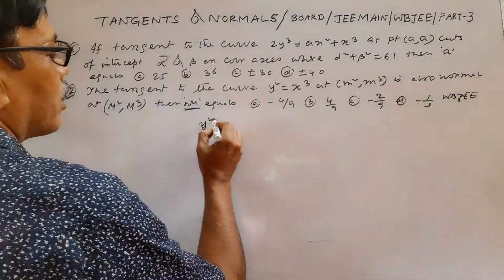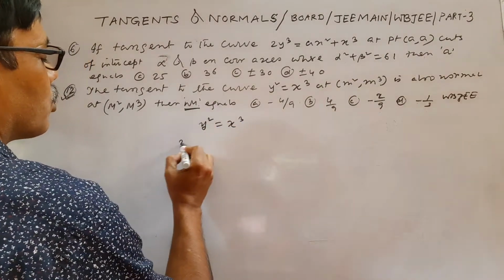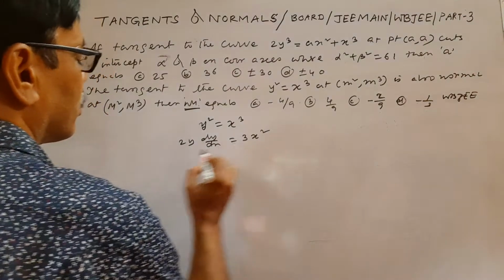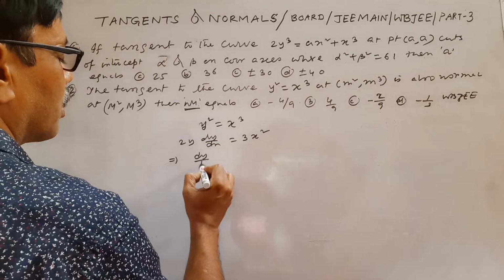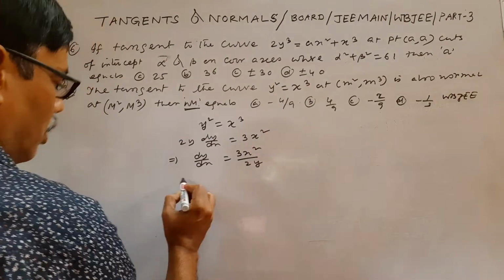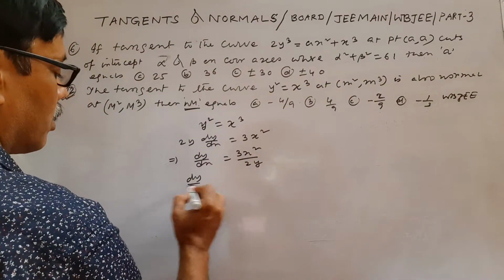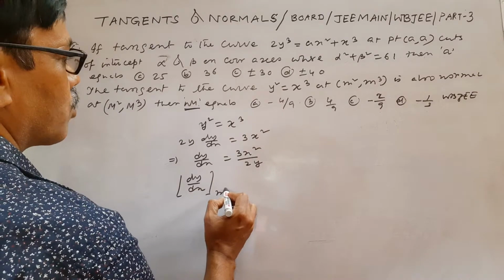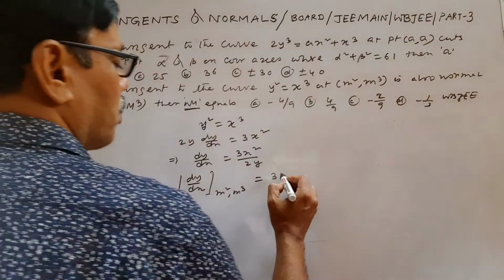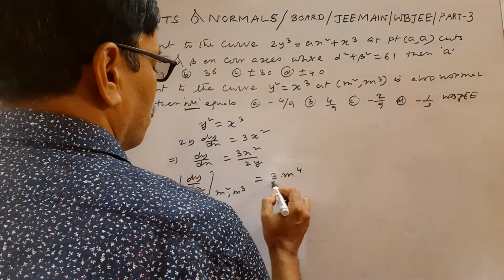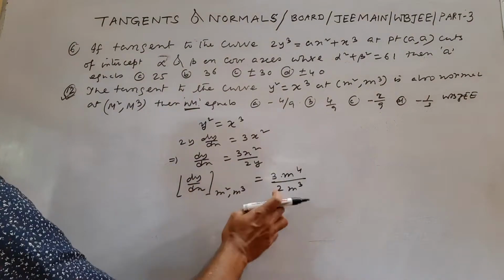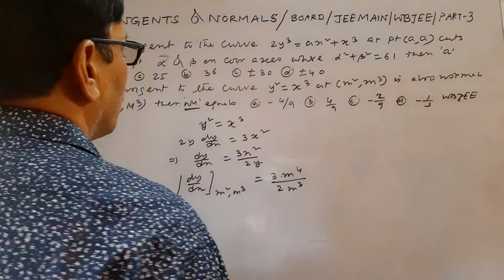So y square equals x cube. So 2y dy/dx equals 3x square. So dy/dx equals 3x square by 2y. So dy/dx at (m square, m cube) is 3 into m to the power 4 by 2 m cube.